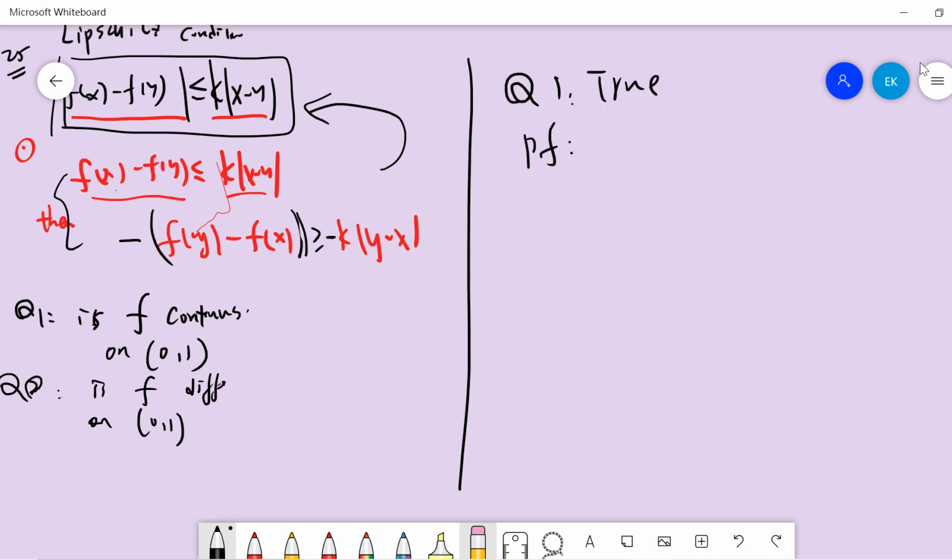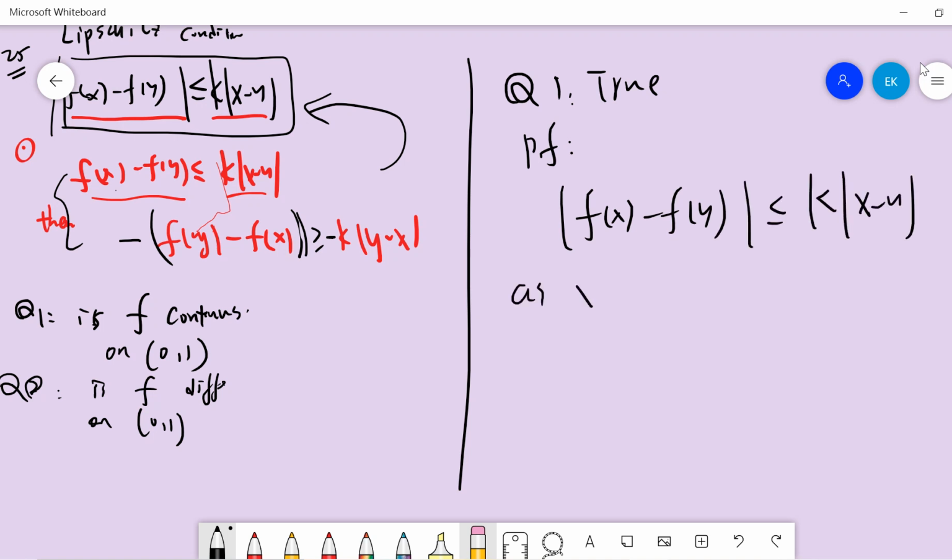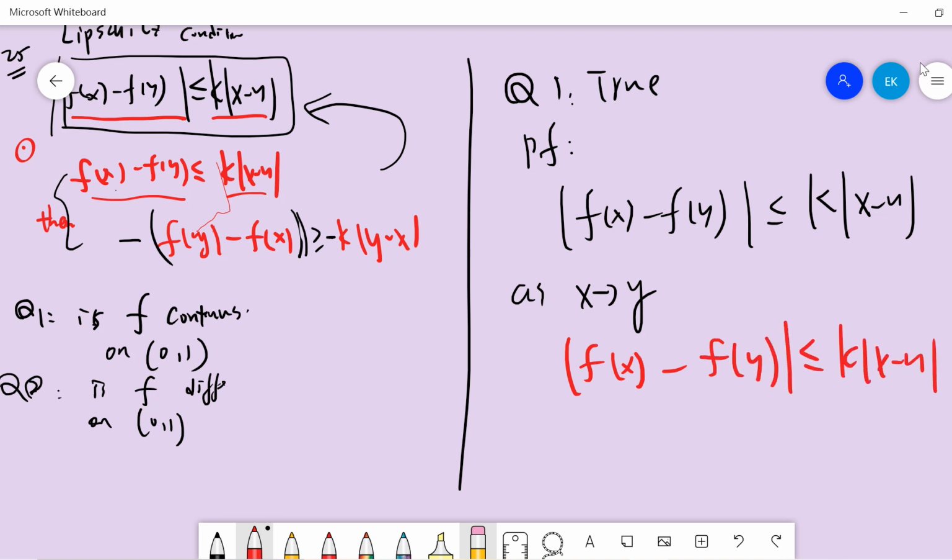Proof. This is easy because you have the Lipschitz condition. So as x approaches any number y, f of x minus f of y is smaller than this one, and as x approaches y, this term will be 0.